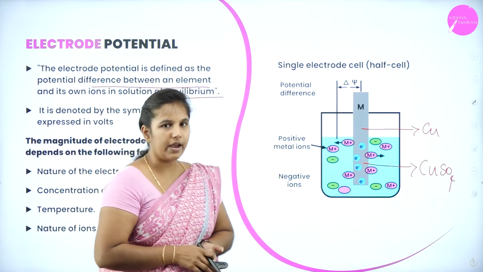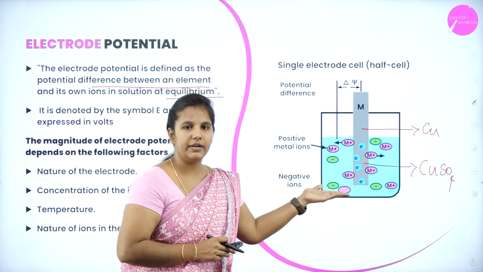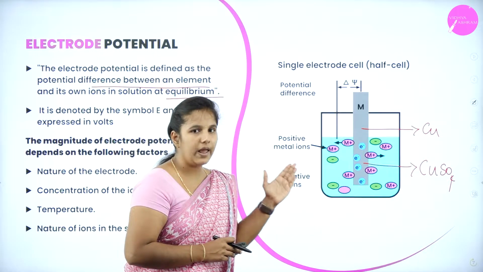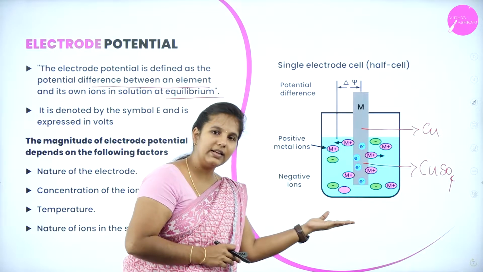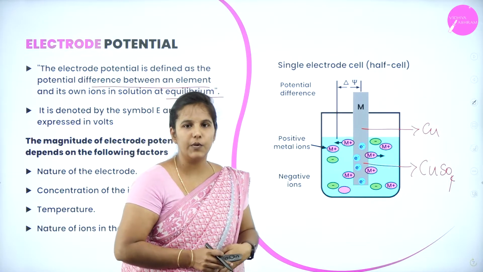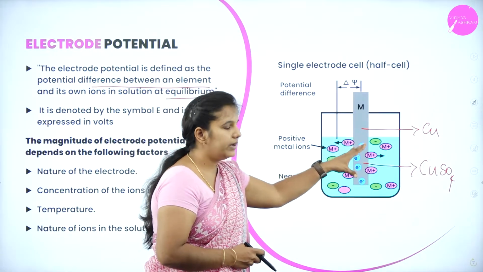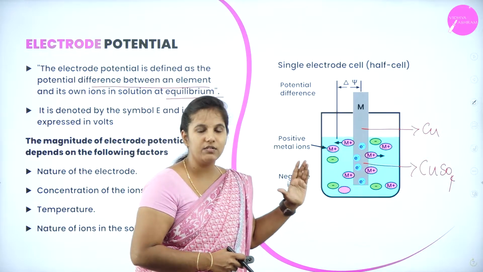Now the copper is placed in a solution of its own metal ion. What happens when you apply an electrical field? The metal can acquire either negative or positive charges.